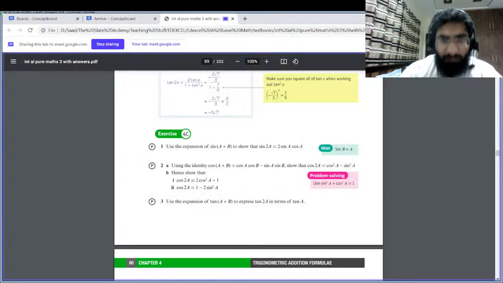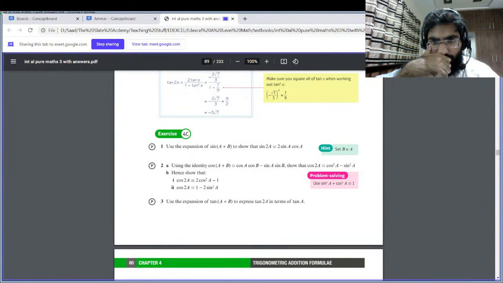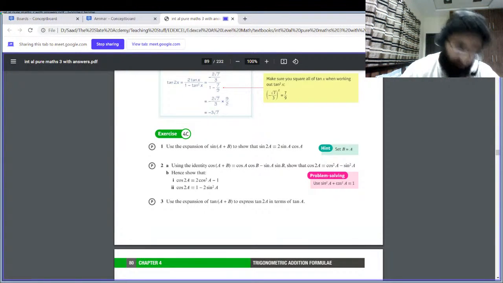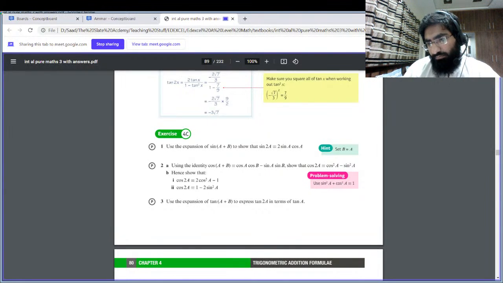Next one. Which should I do? Question 2. Using the identity cos of A plus B, you show that cos of A plus A, again same thing, is equal to cos A cos A minus sine A sine A, right?